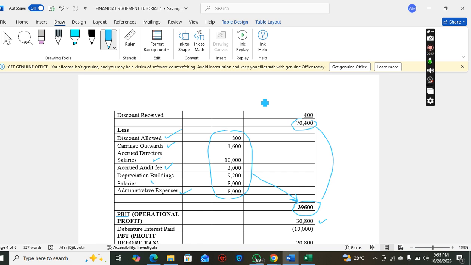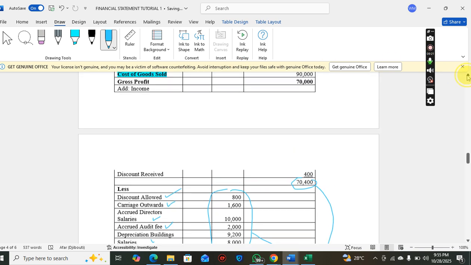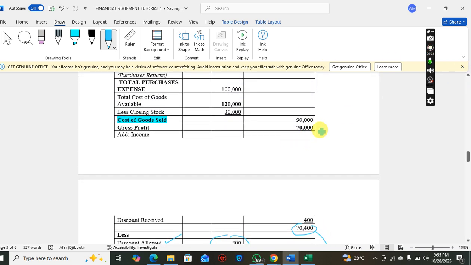Has that answered your question, madam? It came from here. In our trading account, we got a gross profit of 70,000, and we added income of this discount received. We got 70,400.